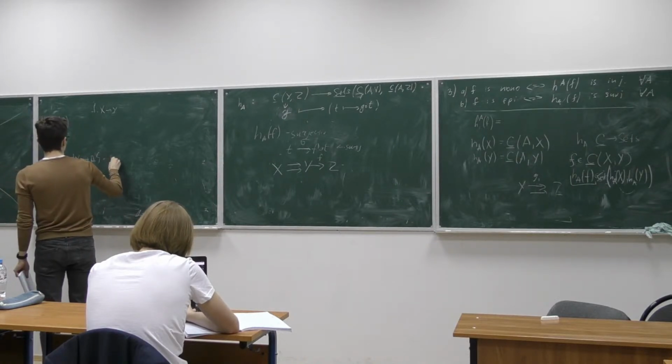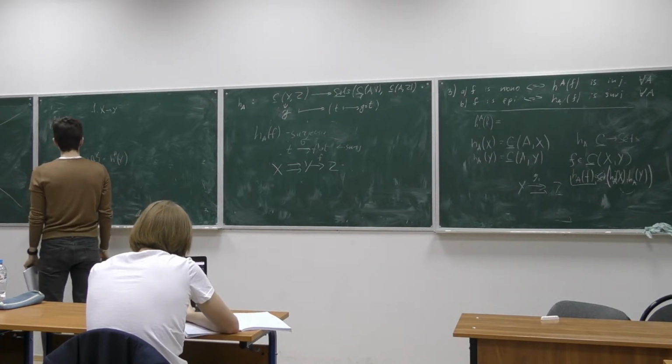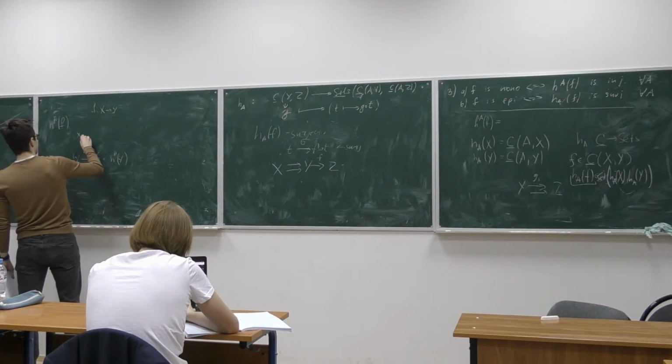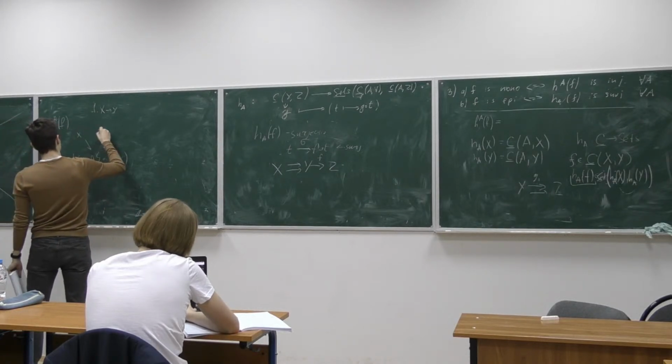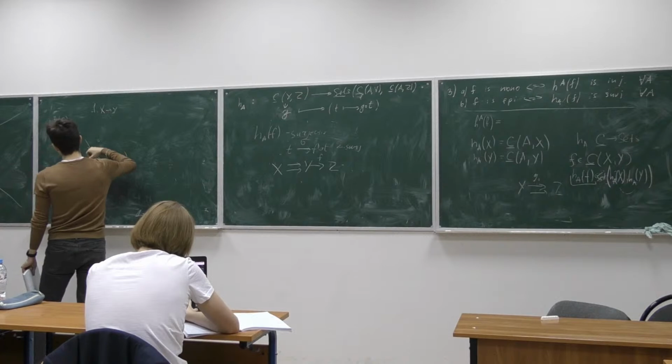Well, this is H_A of Y, right? Mm-hmm. And here we have the set of all maps from X to A. This is H_A.